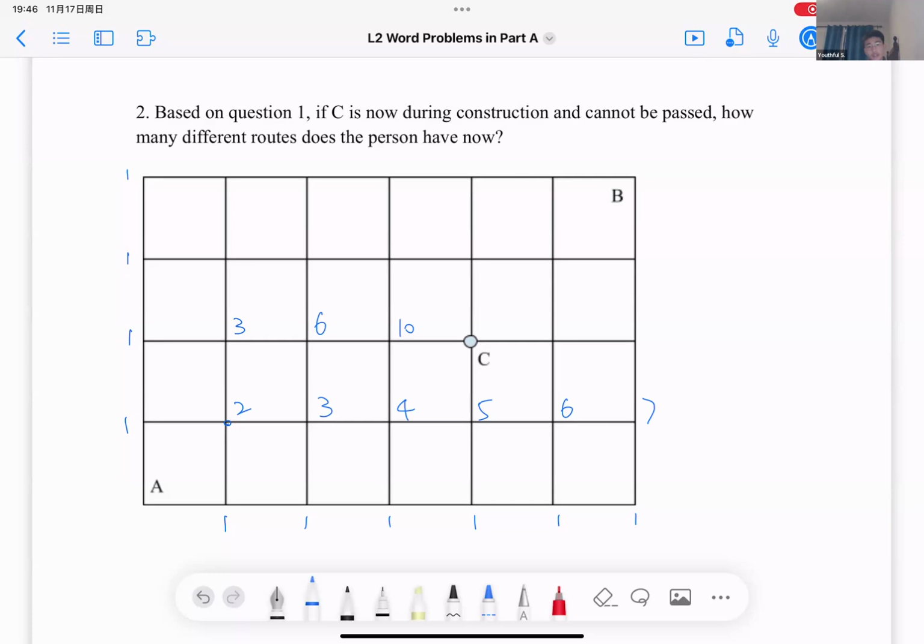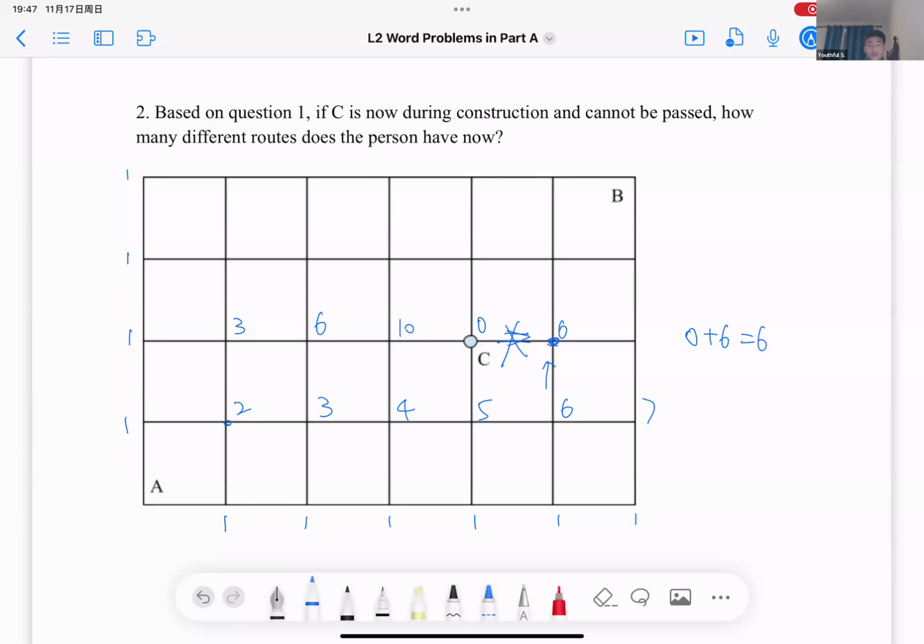Well, we cannot get past this point, so it's definitely not 15 this time. This must be 0, which means we cannot go from here. So we can only get to this point by going up. So this point is 6, which you can also look at as 0 plus 6 equals 6. So wherever is forbidden to get past, it's a 0.